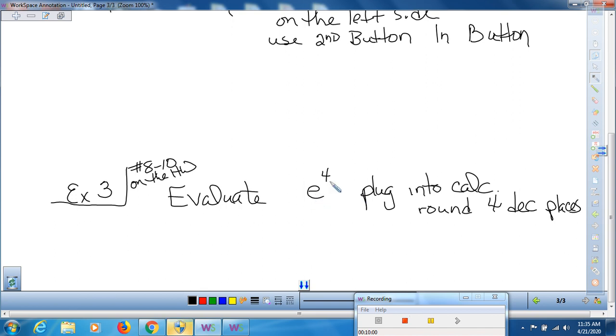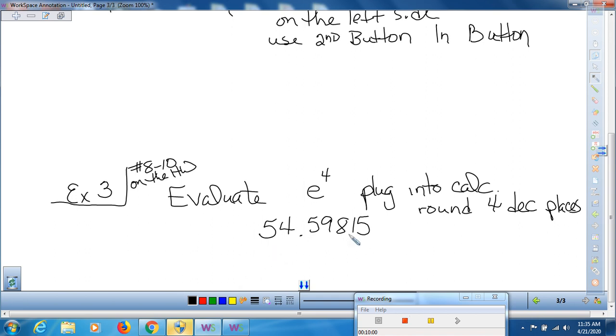All right, so if you plug in e to the fourth, you get 54.59815. And of course it continues. Again, like pi, it just keeps going. E is irrational.